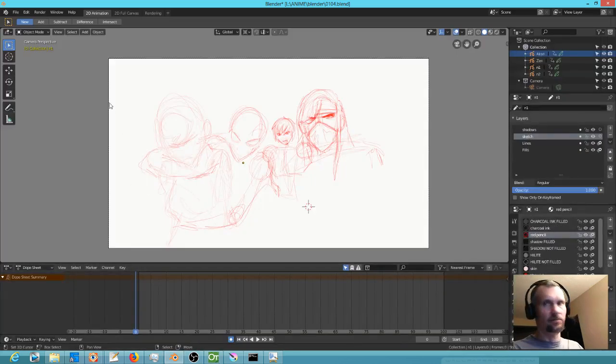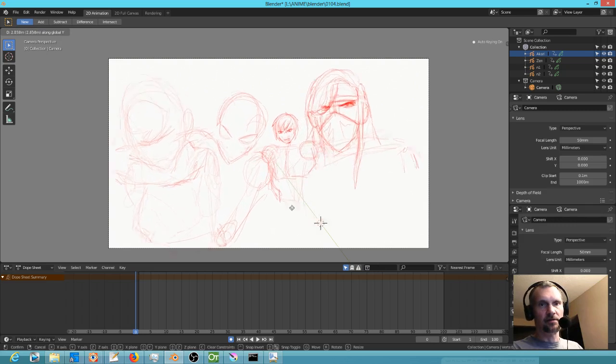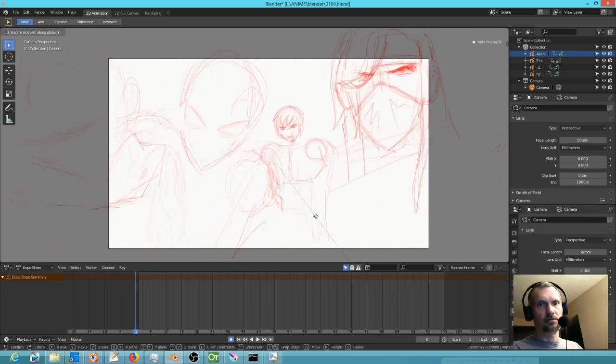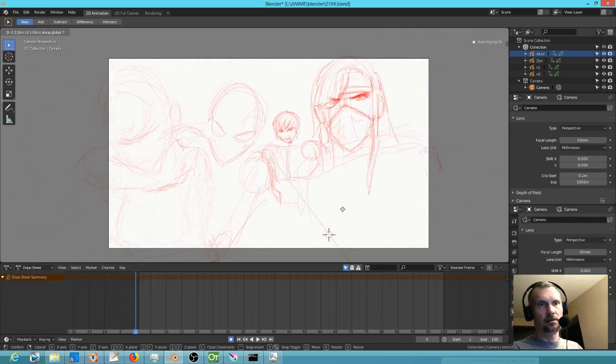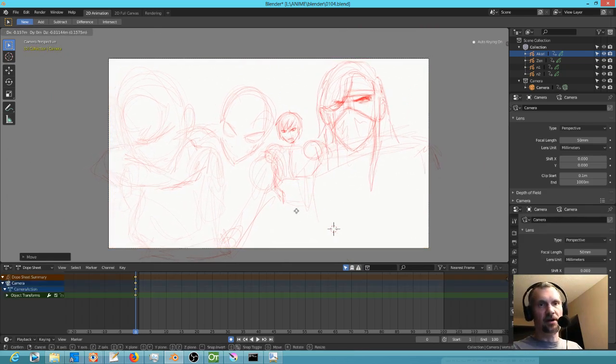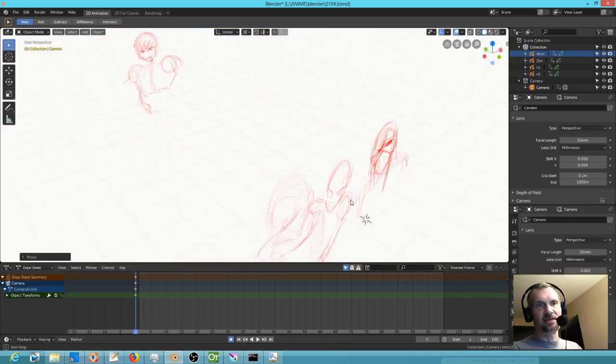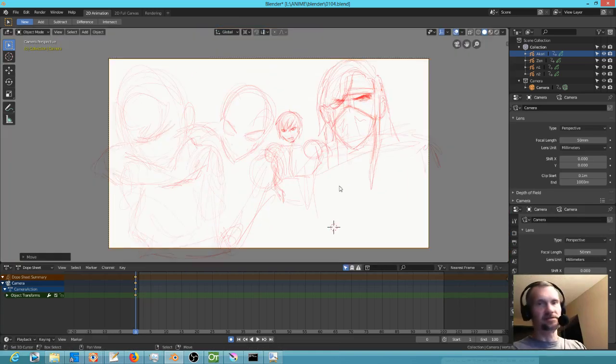So I'm in object mode. So let's reveal the camera, and let's get the basic framing here pretty close from the get-go. So you can see the parallax, and that's because in the Y space, Zen is actually farther back.